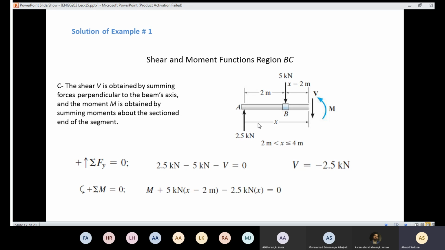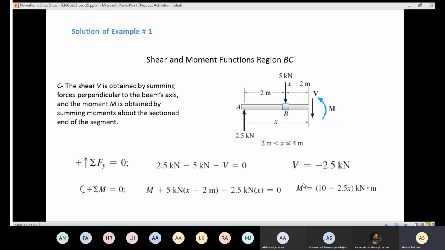I have M positive, 5 times x minus 2 is going to be positive as well, and 2.5x is going to be negative. Remember, here is the point of rotation at the end of the section. Then, if you simplify that formula here, you are going to find out that M, the moment in this region between 2 and 4, equals 10 minus 2.5x.